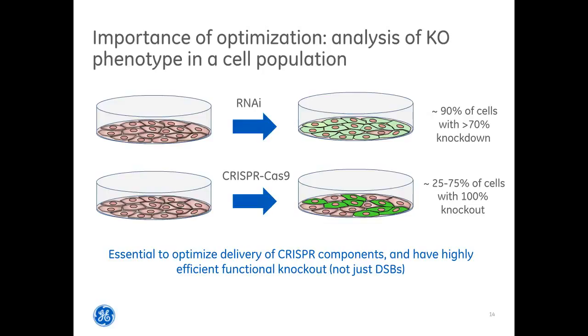So we certainly hear concerns that this potentially lower penetrance could delay adopting arrayed CRISPR screening, because in an arrayed format, in a high throughput setting, there is no opportunity to do enrichment of the edited cells. That's why it's really important to optimize delivery of both the CRISPR components, expression of the Cas9, and making sure that you're working with guide RNAs that give you efficient functional knockout.